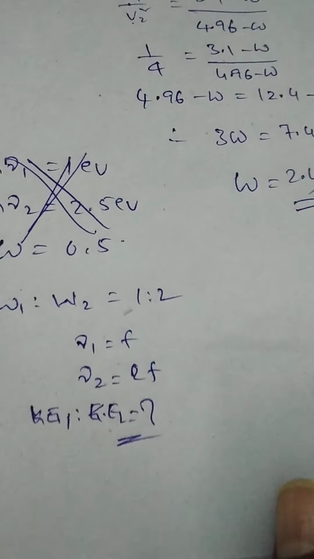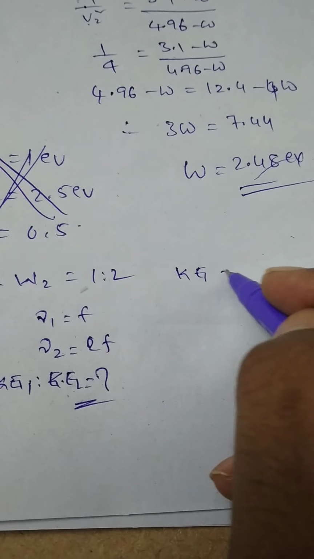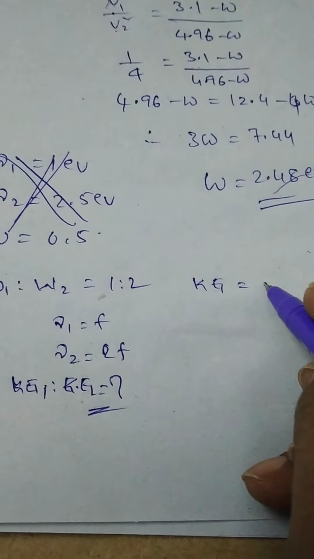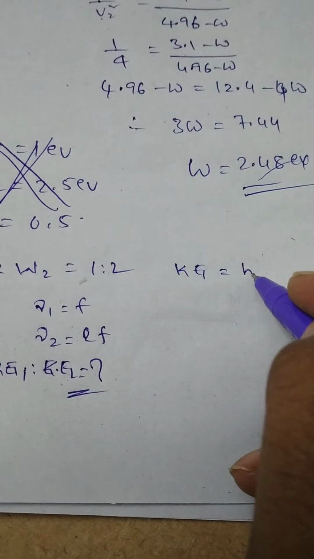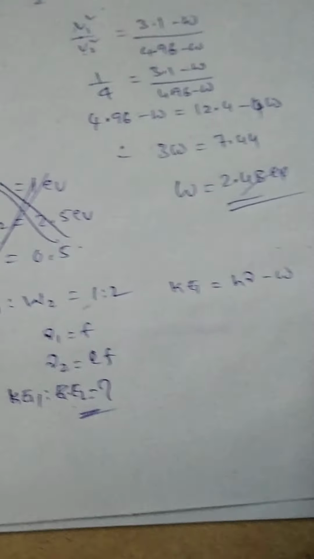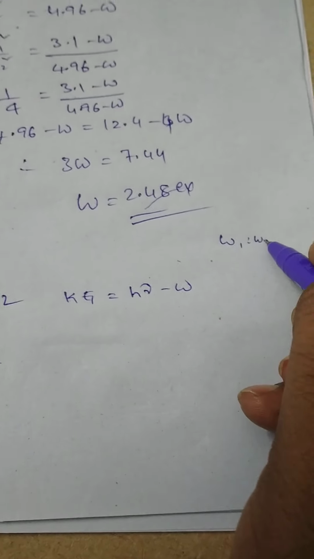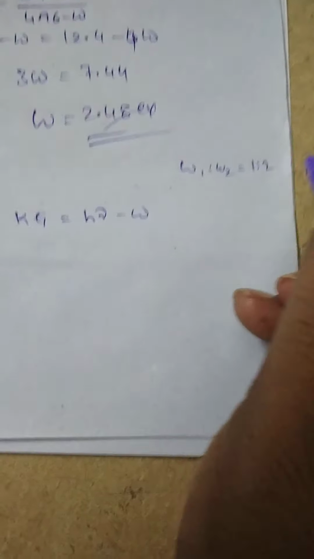Very easy. So in the first case, maximum kinetic energy Ke1 is equal to h nu minus W. It is given that W1 is to W2 is 1 is to 2.